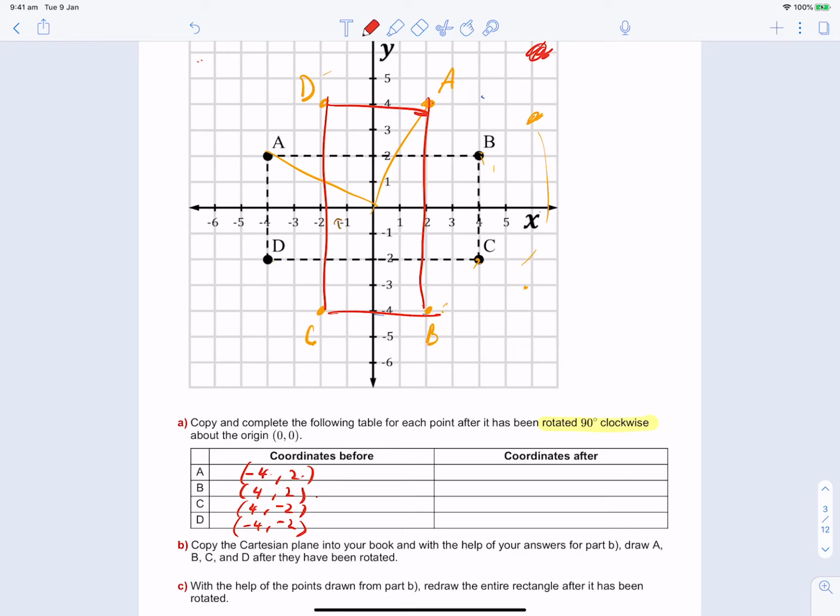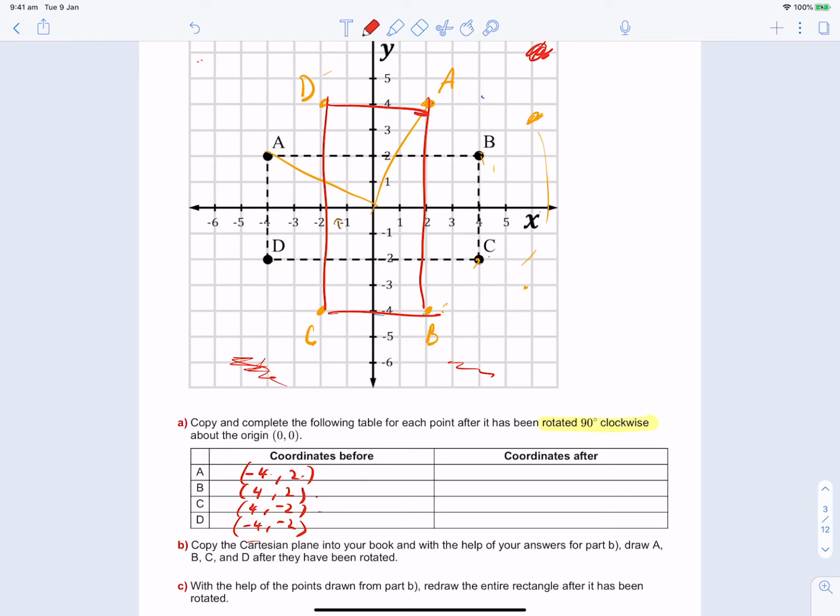In this bottom quarter here, both are negative. My X and my Y are negative. I've gone down and I've gone backwards. Here I've gone down, but I've gone forwards. So in this quarter in here, our point C starts off at 4 and then -2. Oh, sorry, point C.